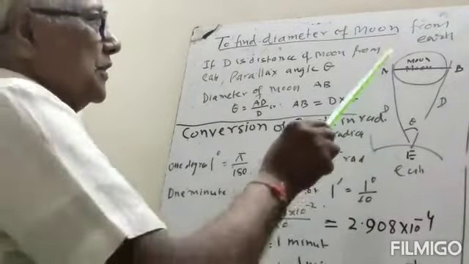Suppose this is the moon and this is the earth. We are at this point, any point here. Now we will take the observation of one end of the moon, that is A, and the other side, which is B, from this same point. So we will measure the angle of parallax from the same point.